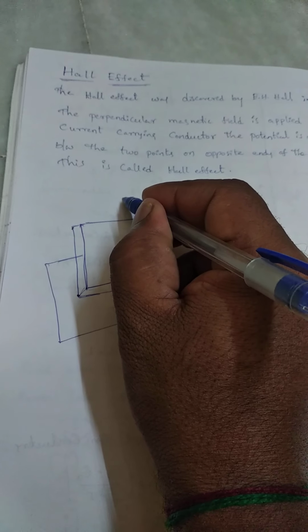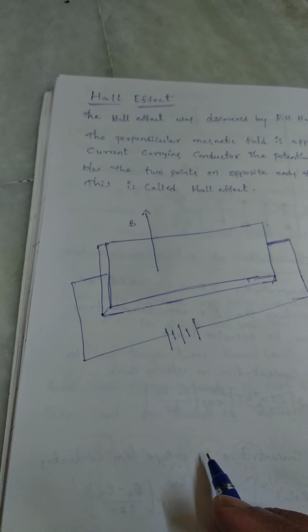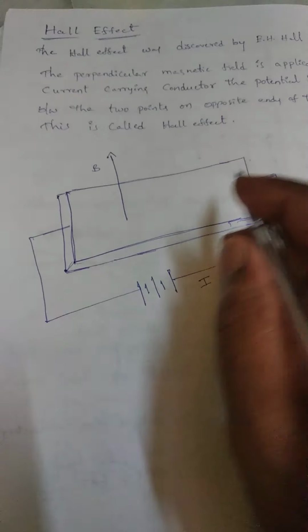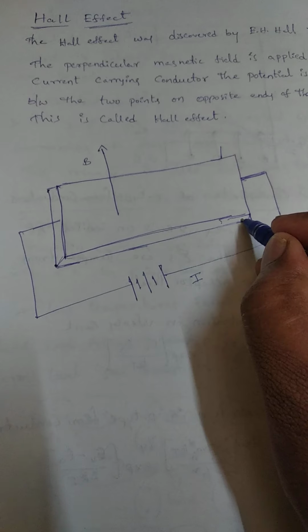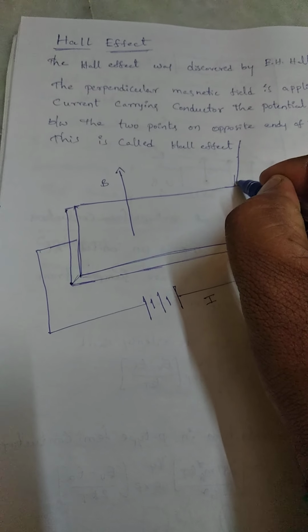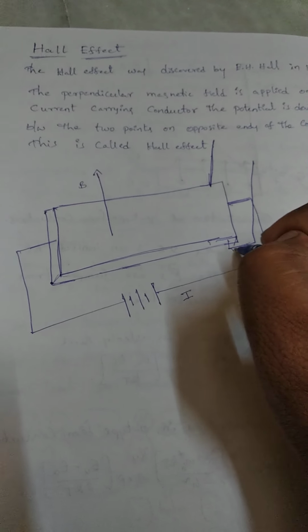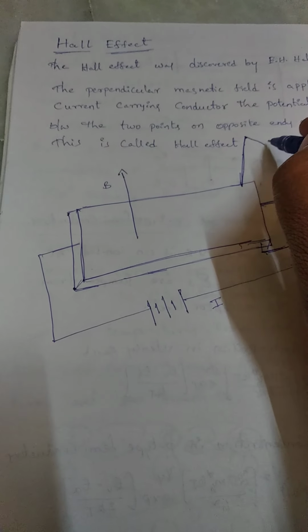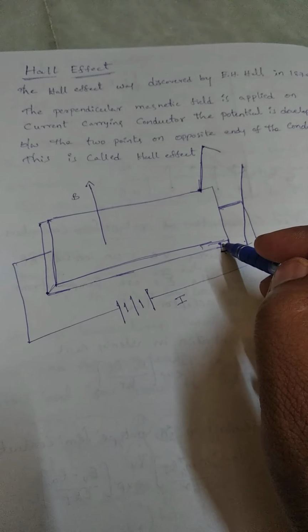Now a magnetic field is applied perpendicular to the current carrying conductor. Potential is developed between the 2 points on opposite ends of the conductor.